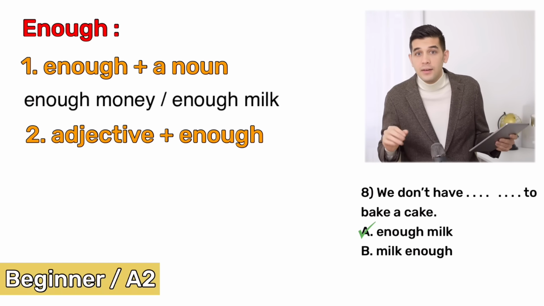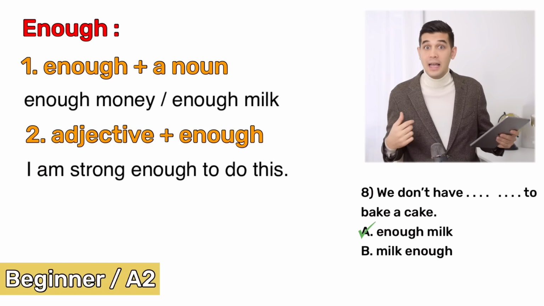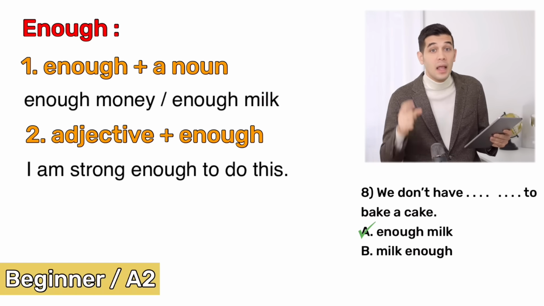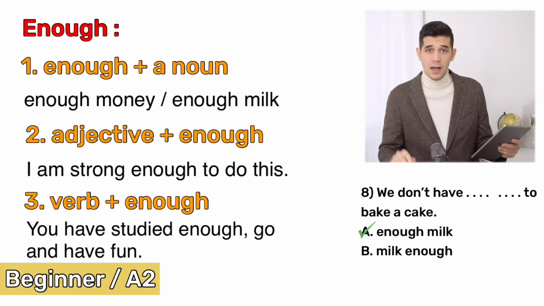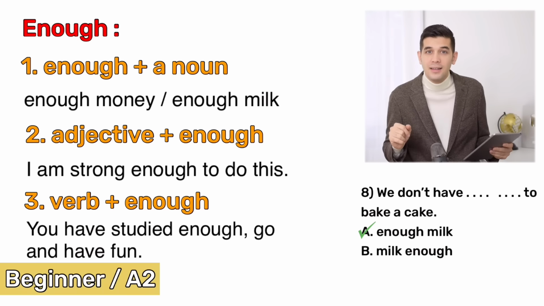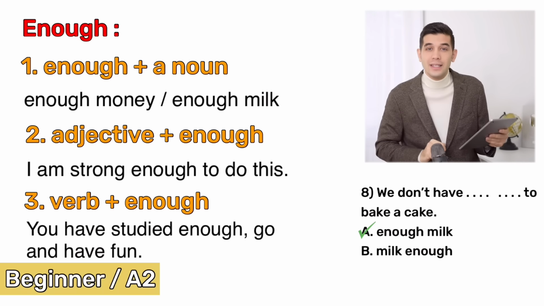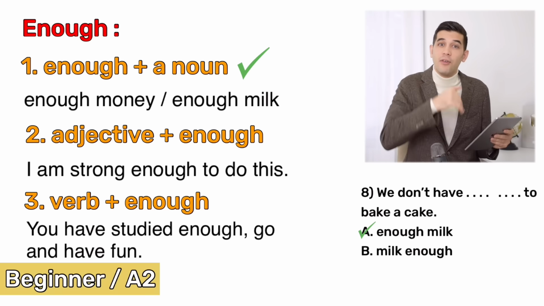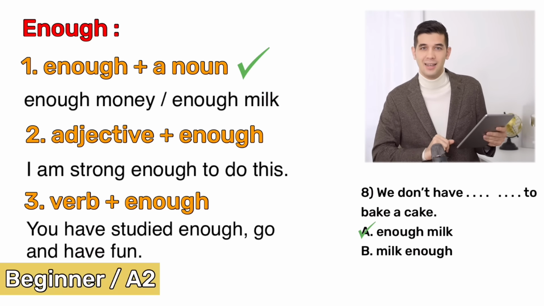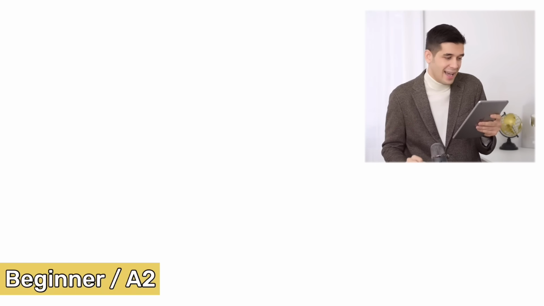Adjective plus enough, for example, strong enough. I am strong enough to do this. Verb plus enough. You have studied enough. Go and have fun. So in the case of this question, we have the word milk, which is a noun. So enough goes before the noun. Enough milk.